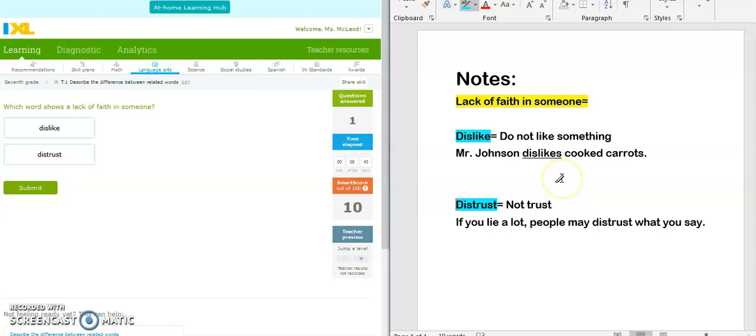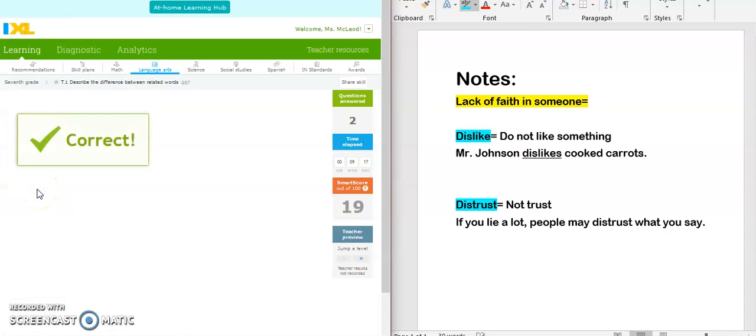After breaking them down, which one of these answers the question I'm being asked? Lack of faith in someone. Well, dislike means I just don't like you. But faith, I know faith takes a lot of trust. So after reading my notes, I am going to pick distrust. Distrust shows a lack of faith in someone. We'll hit submit. Boom.